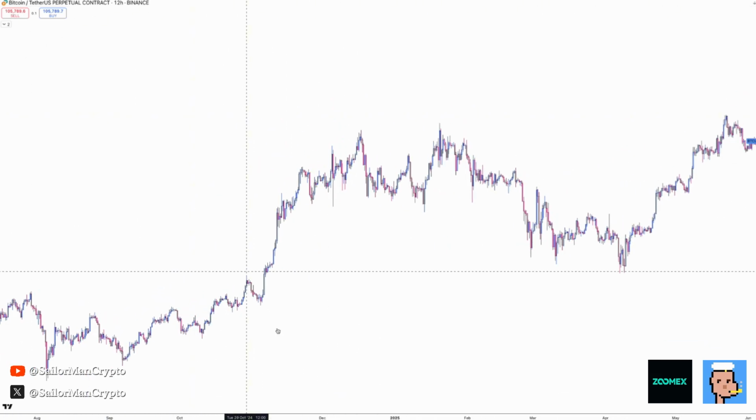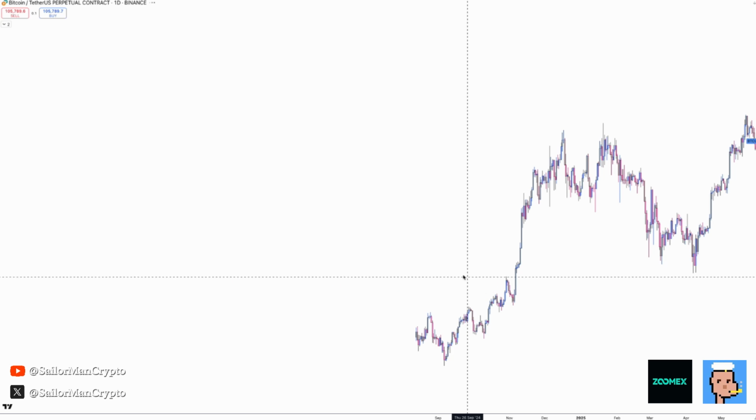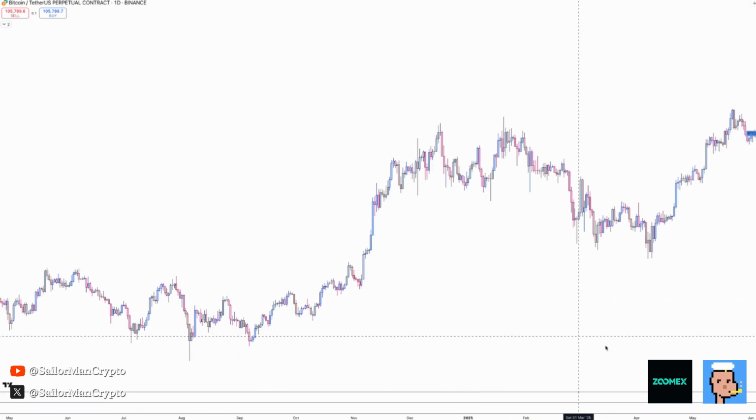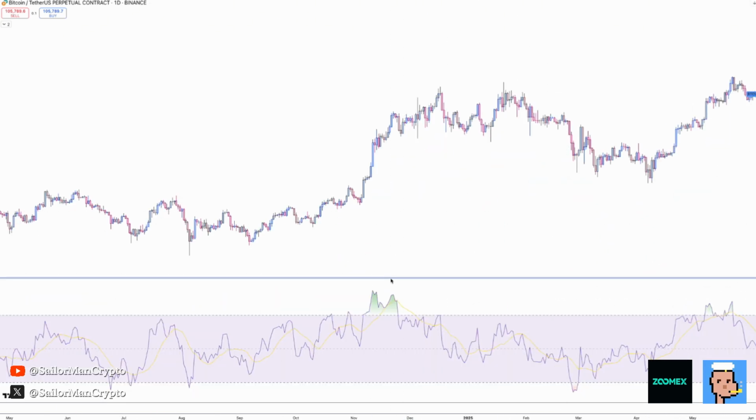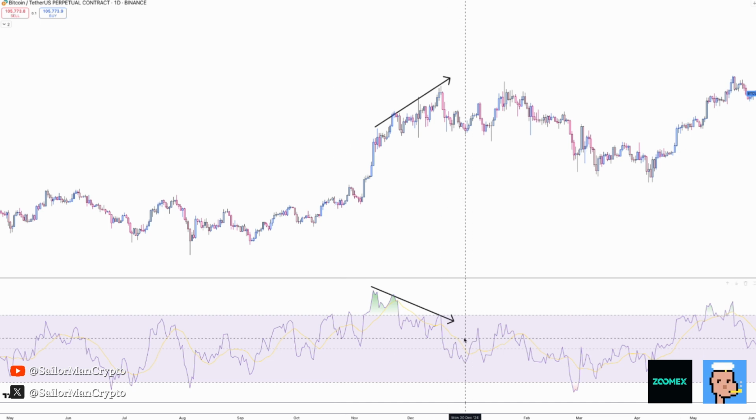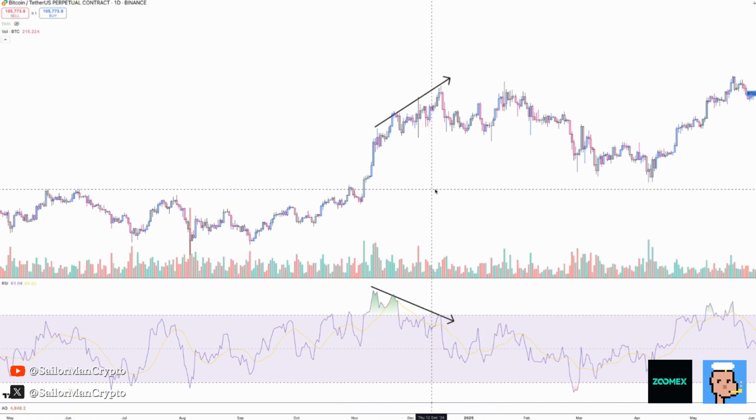Let's just check if RSI has given the divergence. As you can see, while price was moving in this 3-drive, RSI was lacking momentum, so price is going higher while RSI is going lower, and probably we'll just double check.